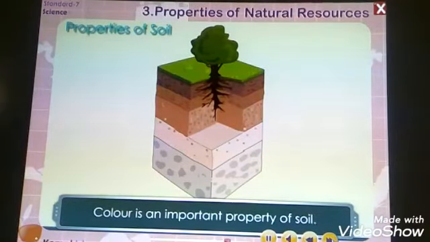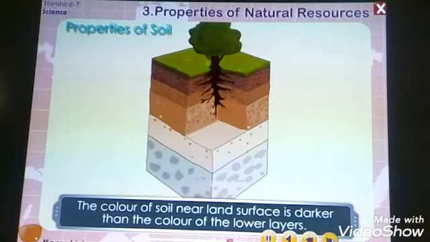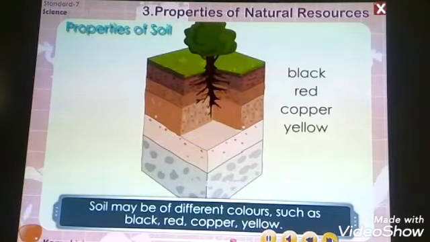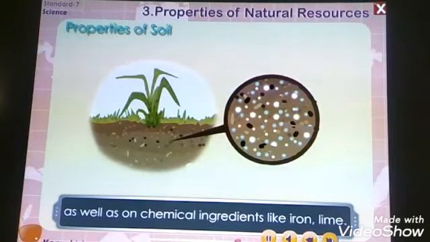Color is an important property of soil. The soil gets its color as a result of several processes. The color of soil near the land surface is darker than the color of the lower layers. Soil may be different colors such as black, red, copper, yellow. The color of soil depends upon its texture and its organic ingredients, as well as chemical ingredients like iron, lime.